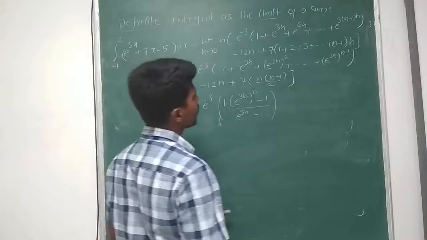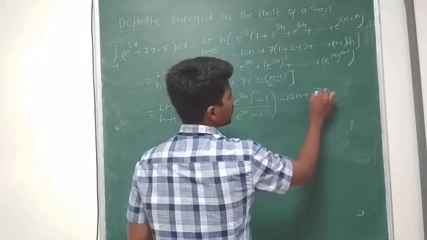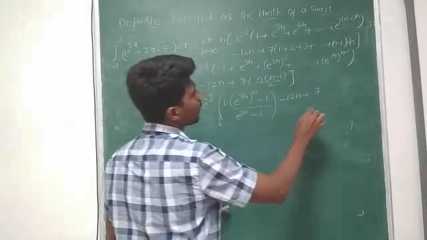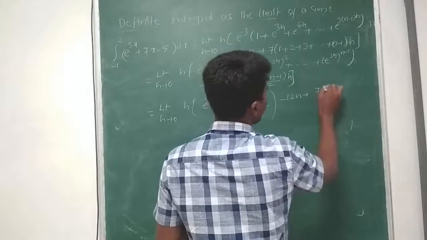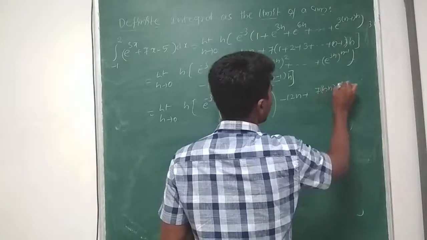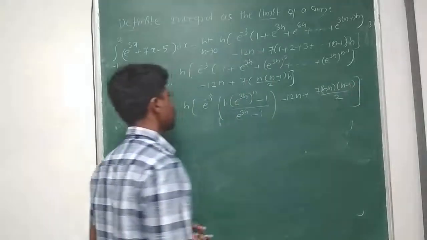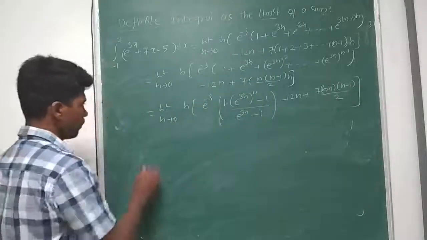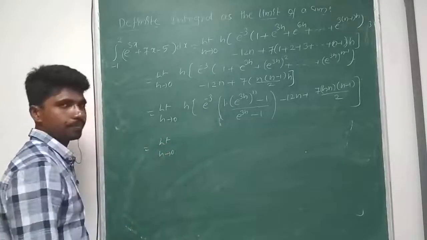Okay. Next, minus 12n plus 7 into, we have h here, 7 into h n into n minus 1 by 2. Close. So send this h inside. So I write limit h tending to 0.